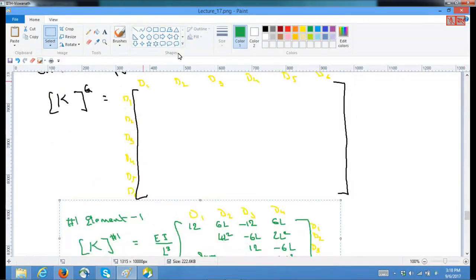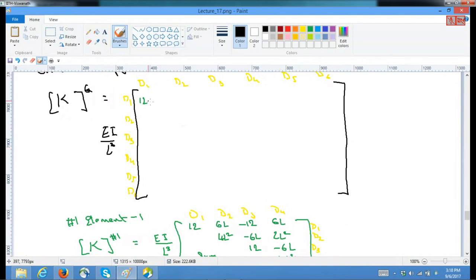so let me write it out here. This one D1 D1, this one is 12, with EI by L cube common, so I'll write EI by L cube common.